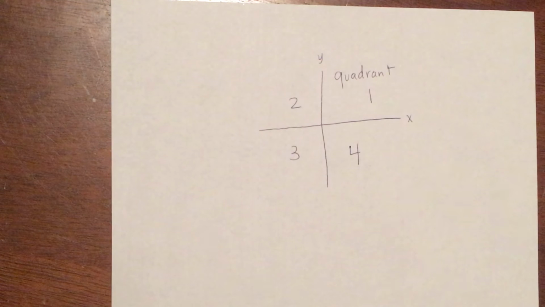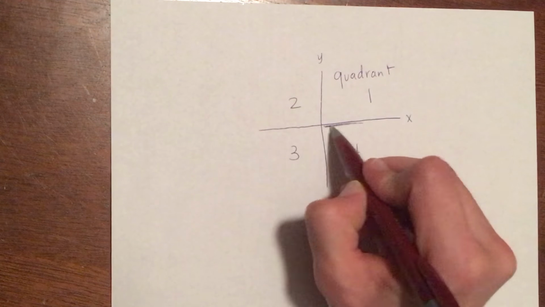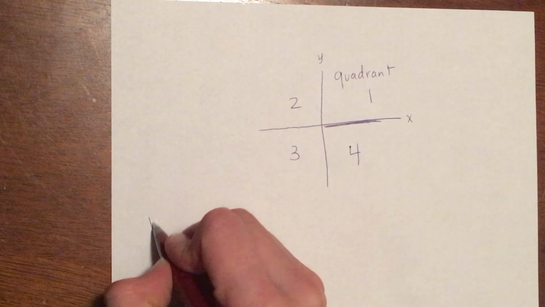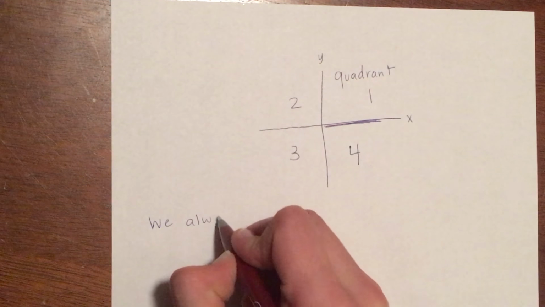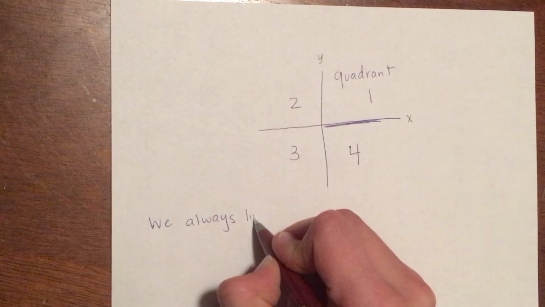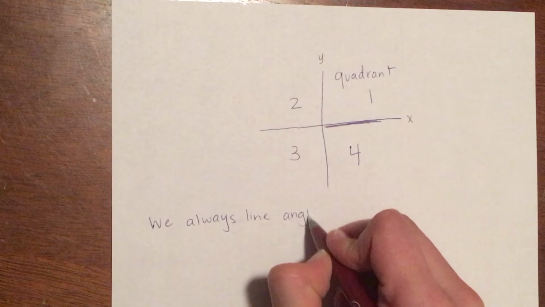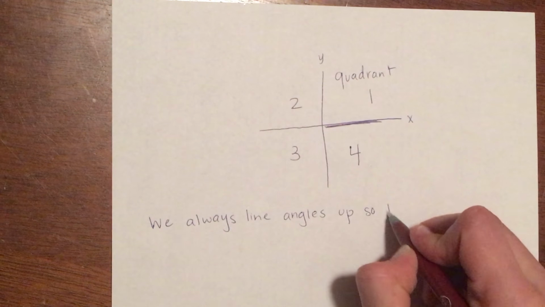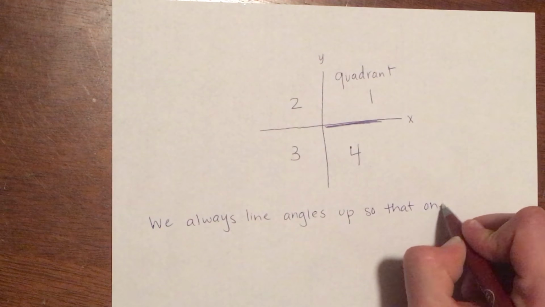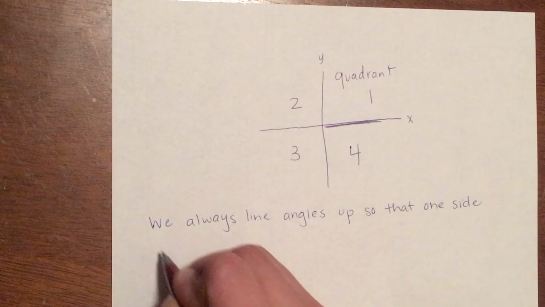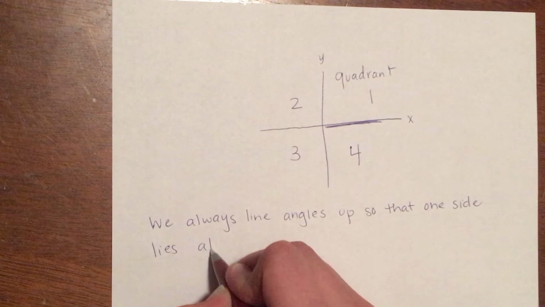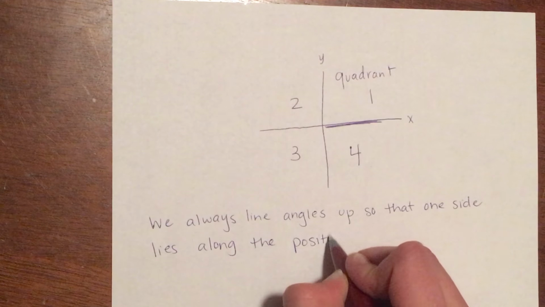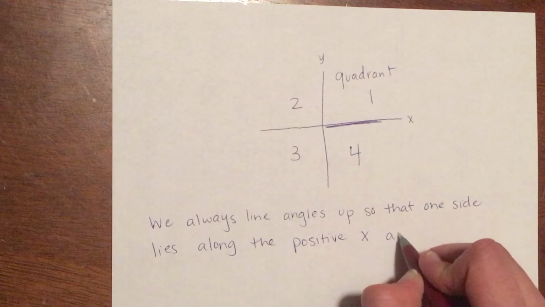Whenever we plot angles, you always line one side up here on the positive x-axis. I'm going to write that. So we always line angles up so that one side lies along the positive x-axis.